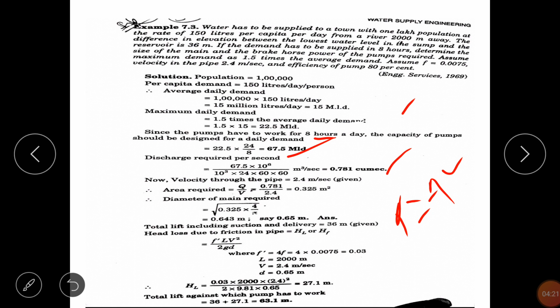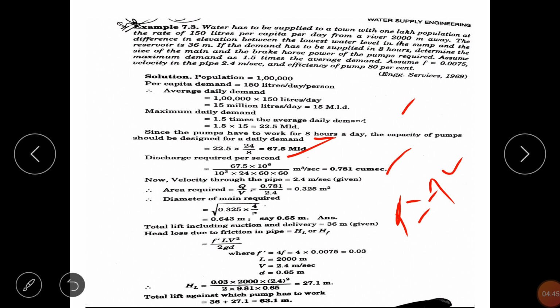If the water is pumped from bottom to top, there is a friction loss in the pipe, which we call friction. For that we need to find the friction loss, HL or HF, which has the formula F dash L V square by 2 G D. We have only F is equal to 0.7775, but we don't have F dash.